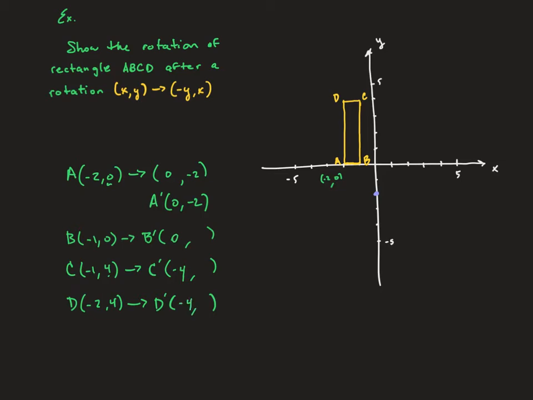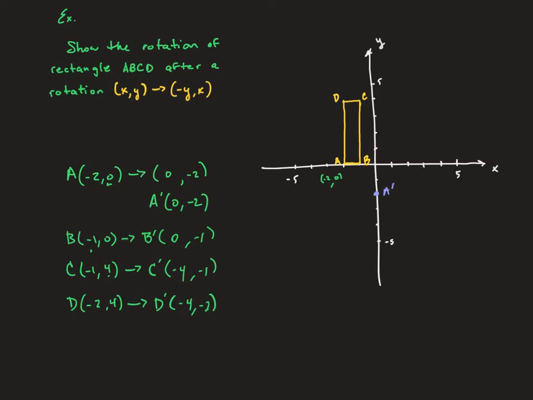When I go to look at my y values, my y values in my rotation, y is going to be my x value. So I'm going to take my x value and make it my new y value. So there we have some ordered pairs, and if I graph these, of course, we've already graphed A. This is A prime.